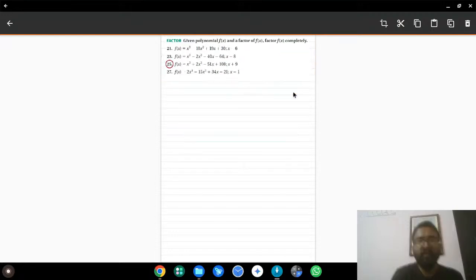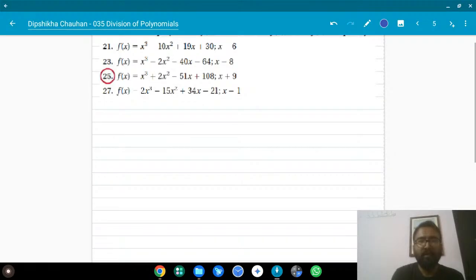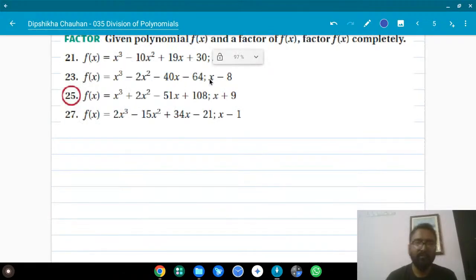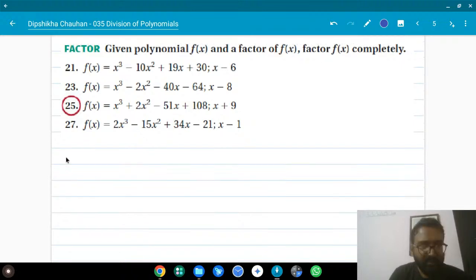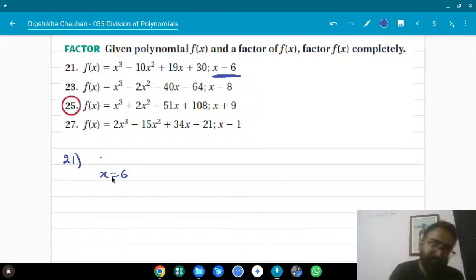So here he gave that it is a factor, so that's why we can do the factorization process here. I'm taking 21. The divisor is x minus 6, so we take x equals 6. Then make the coefficients 1, minus 10, 19, 30.